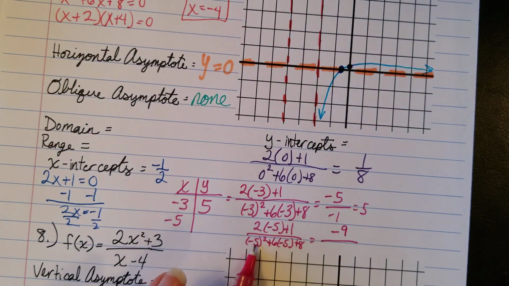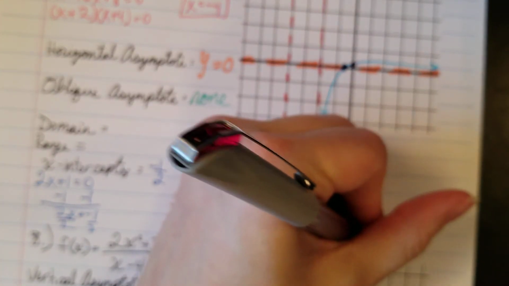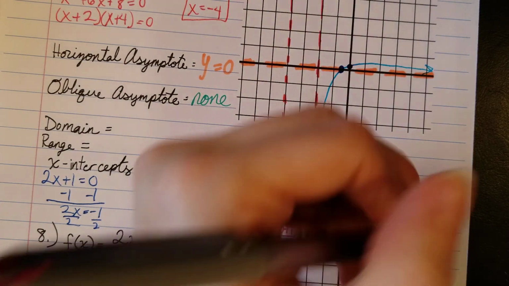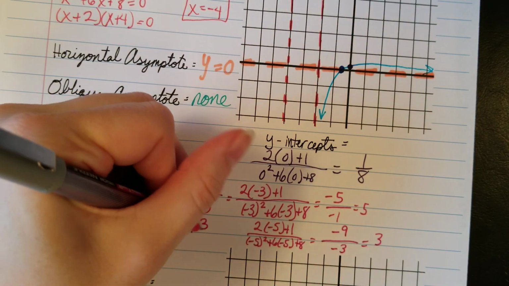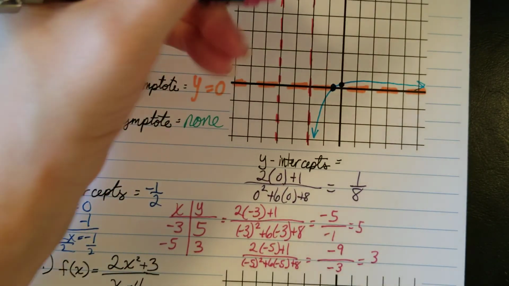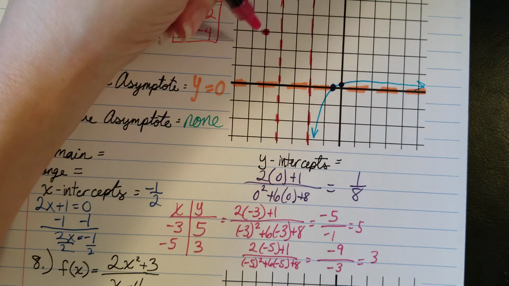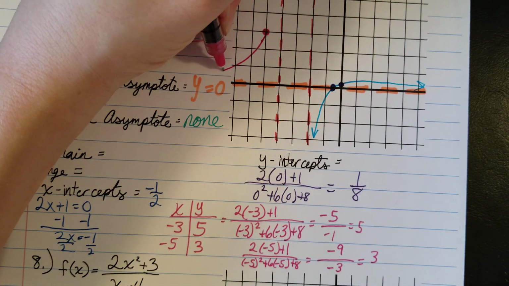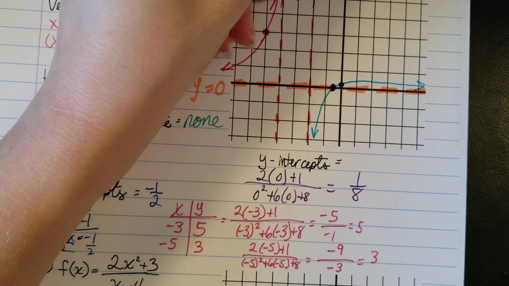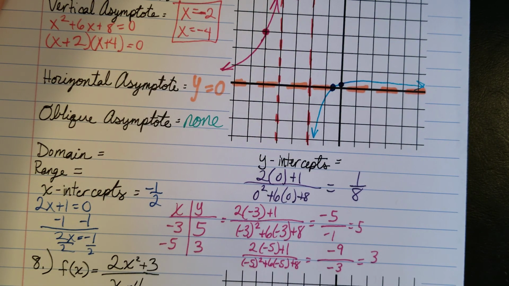And then that would be 25 minus 30, which would be -5 plus 8 makes it 3. So -9 over 3 equals -3. So -5, -3.